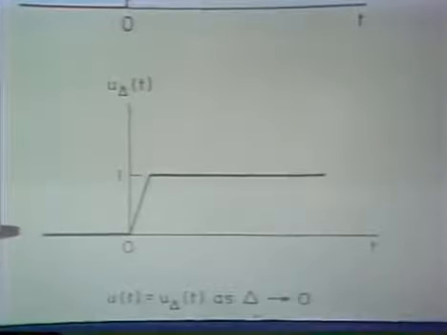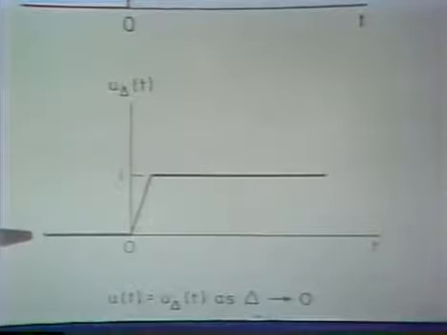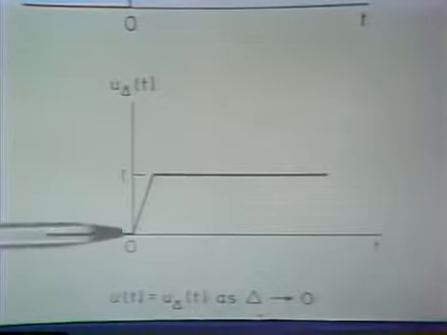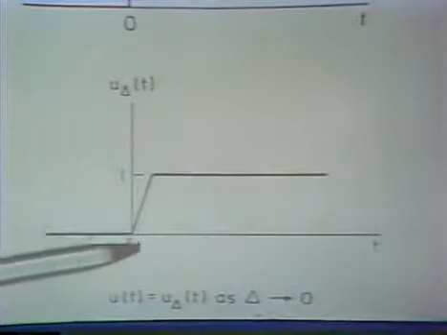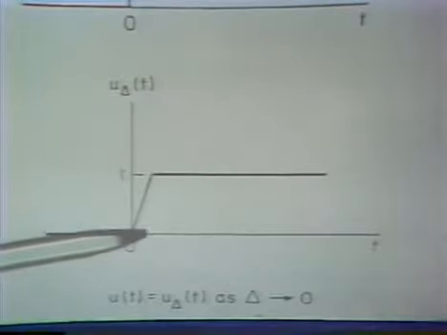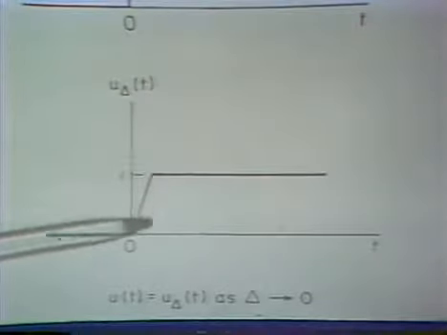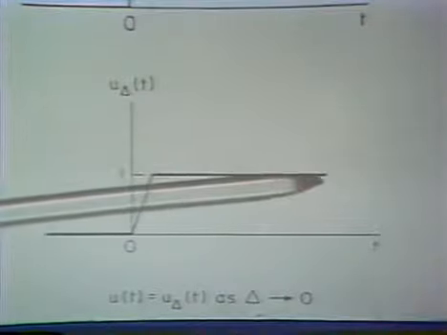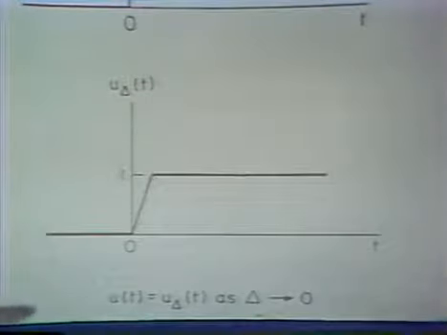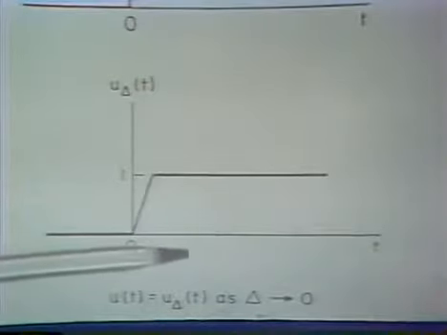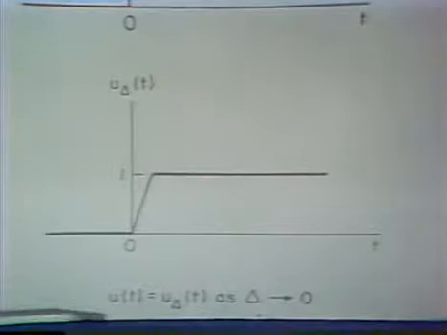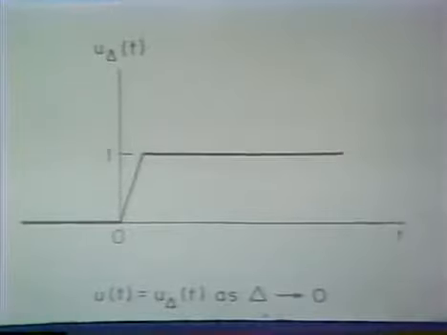And u sub delta of t is a time function which is 0 for t less than 0, linearly increases to time delta, which would correspond to this breakpoint, and then 1 following that. And so we can think then of the discontinuous unit step as the limiting form of u sub delta of t as delta goes to 0.